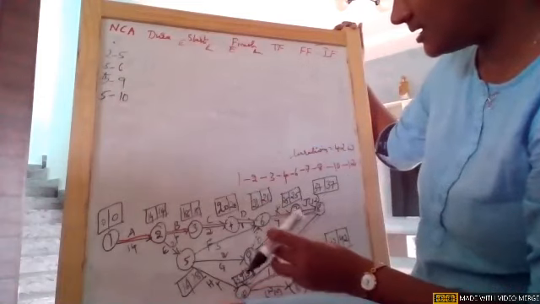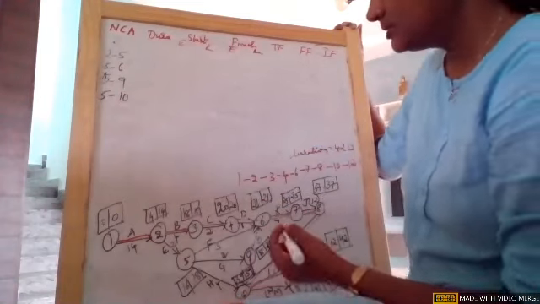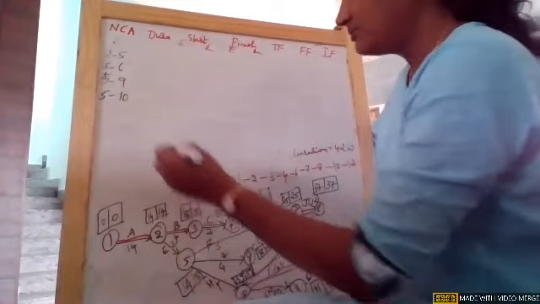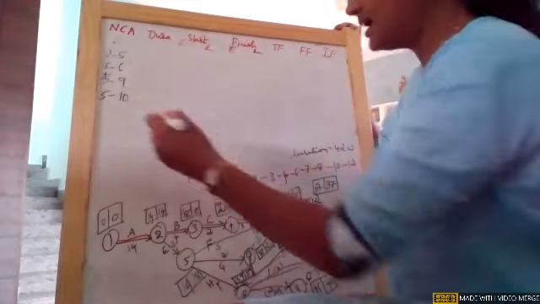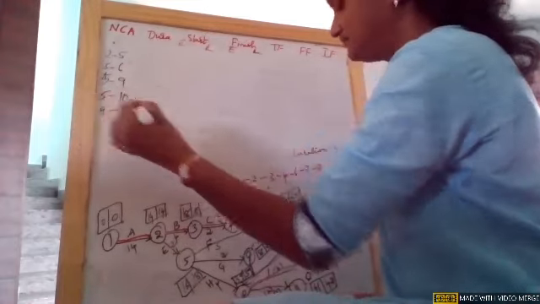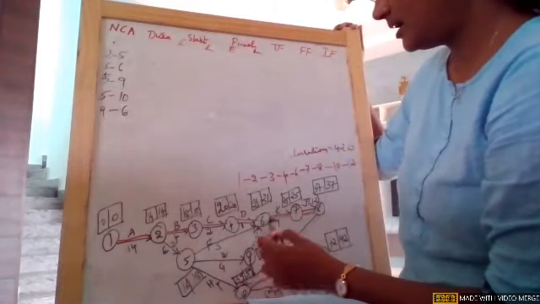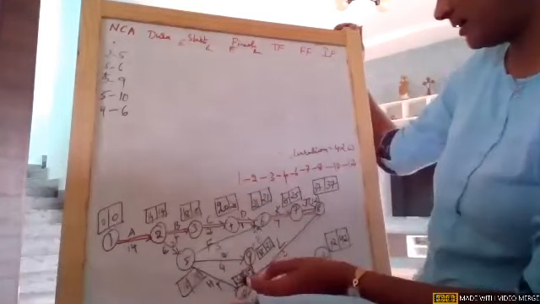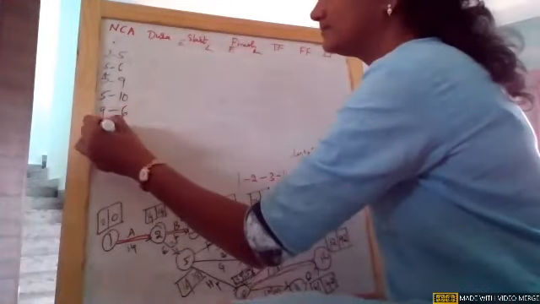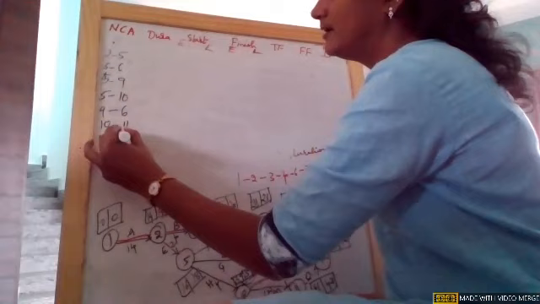Which one did I miss out? 5 to 9 and 9 to 6 is missing. 5 to 6 is there. 5 to 9, 9 to 6. 5 to 10 is there, and 10 to 11, 11 to 12.